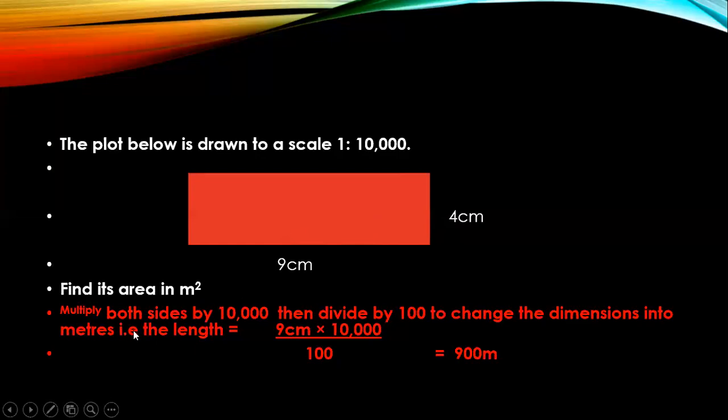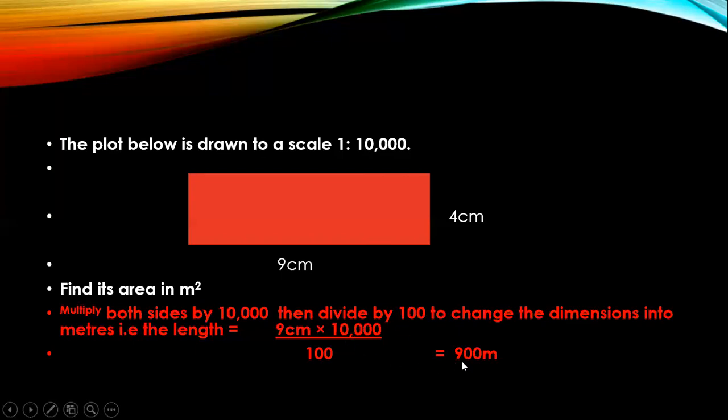Take your scale, multiply your length by the scale given, then divide by 100, then write your length in meters. Multiply by 10,000, then divide by 100 to change the dimensions into meters. Now your length is in meters.